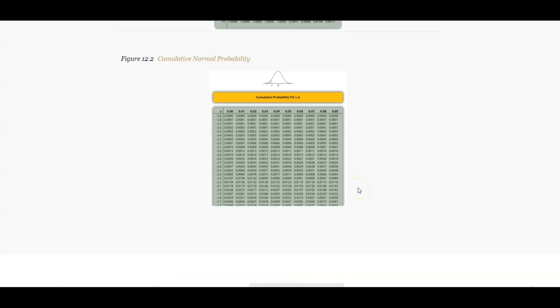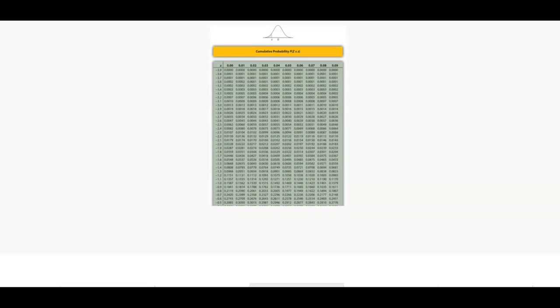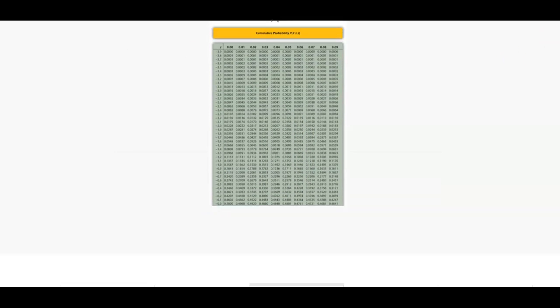So you're going to have some tables on the left-hand side in your menu, and one of them will be the cumulative normal probability. And so we're going to look up our z-score here on the left side. There'll be a table of negative z-scores, and there'll be another one that's strictly positive z-scores. Now we're going to look up negative 0.4, and right now it's running down the page, so let's pull the page up a little bit.